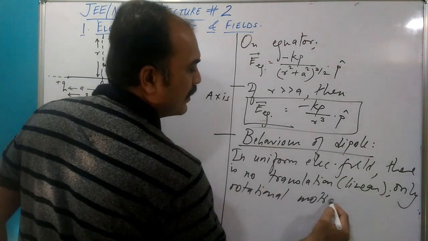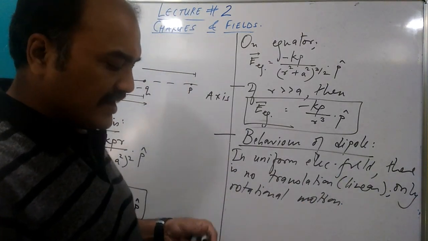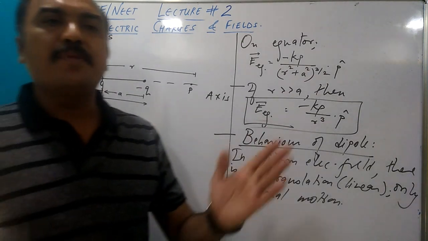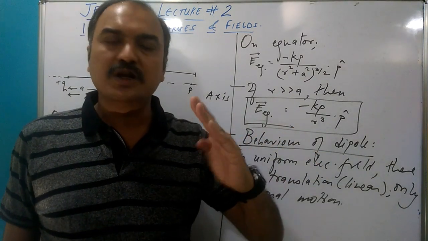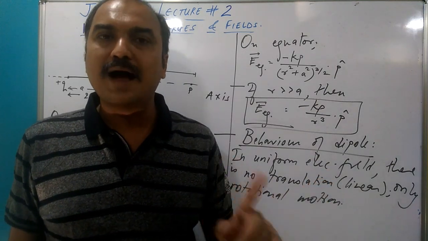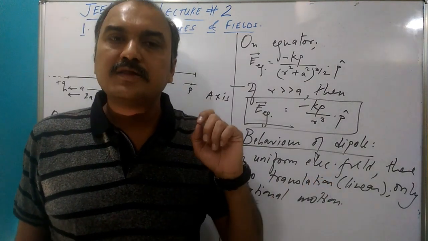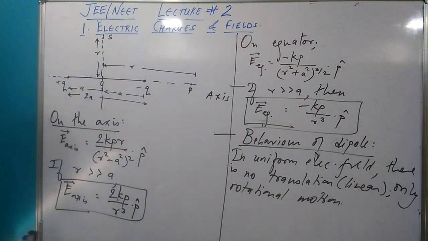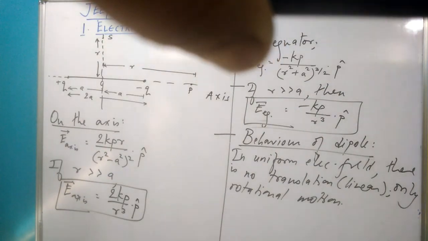And when a dipole moves in a uniform electric field, it will perform only rotational motion, no forward or backward linear motion. And the torque responsible for such rotational motion would be given as tau bar is P bar cross E bar.